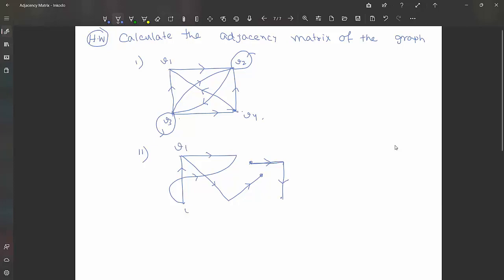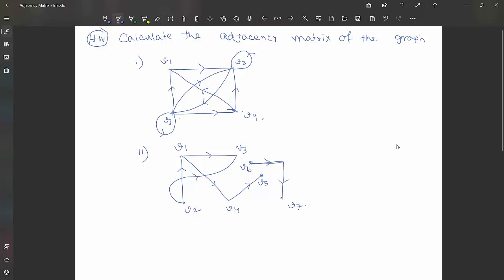You can see V1, V2, a connection between them, V3, this is V4, this is V5, V6, and V7. Just calculate the adjacency matrix of that graph. Okay, so this is the graph. I think every edge has some direction. Now calculate the adjacency matrix for the following graphs.